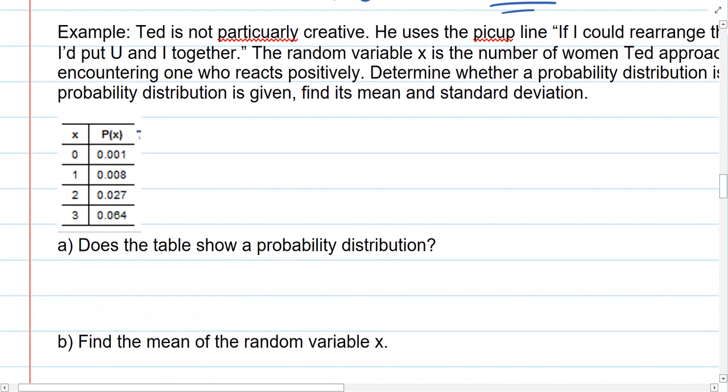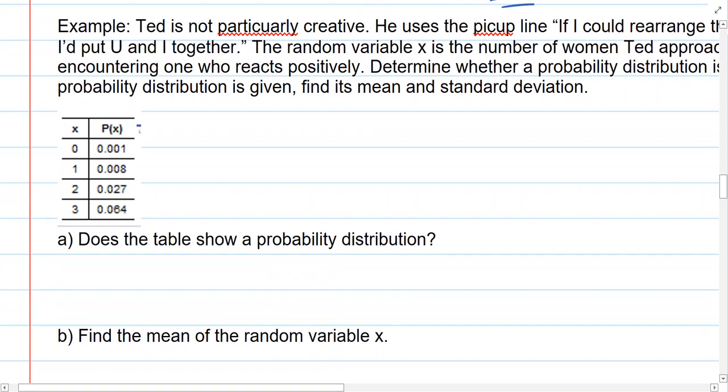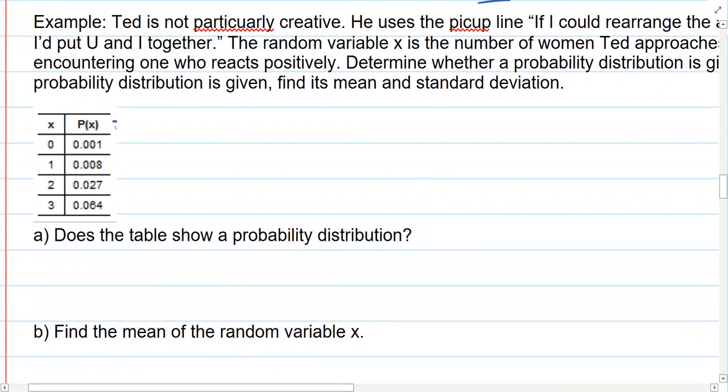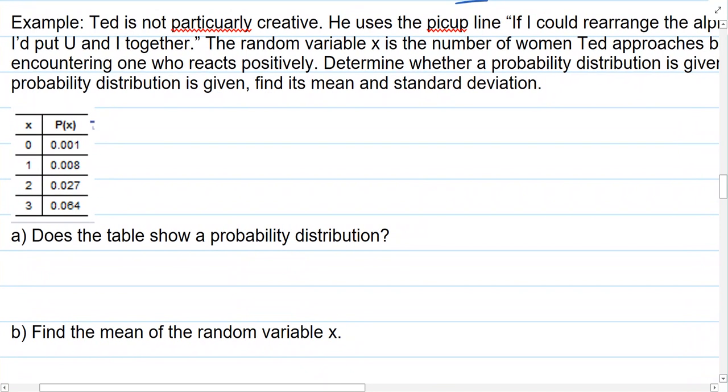Okay. So here is another one that we want to look at. Ted is not particularly creative. He uses the pickup line, if I could rearrange the alphabet, I'd put U and I together. Silly.